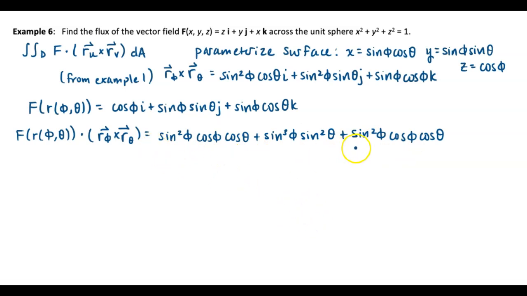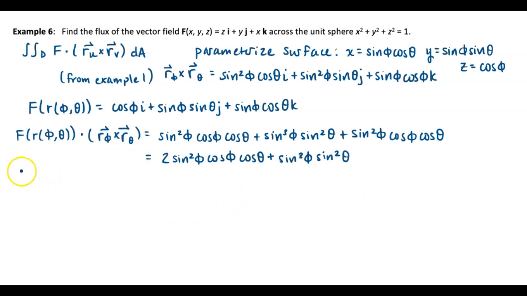And I see two of these sine of phi squared cosine phi cosine thetas. And so I can combine these to call this a 2 sine of phi squared cosine of phi cosine of theta plus sine of phi cubed sine of theta squared. Okay, so this is our dot product.